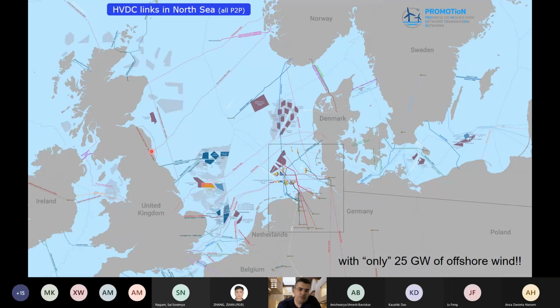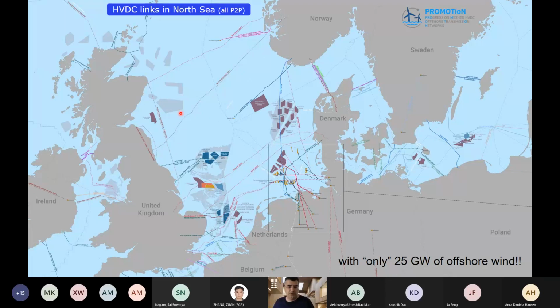All of them are going from point A to point B. And if you are curious, this one up here is a line supplying one of the offshore rigs, the oil rigs in the North Sea, so it has an HVDC connection to be supplied from shore. But virtually all of those connections are point-to-point.